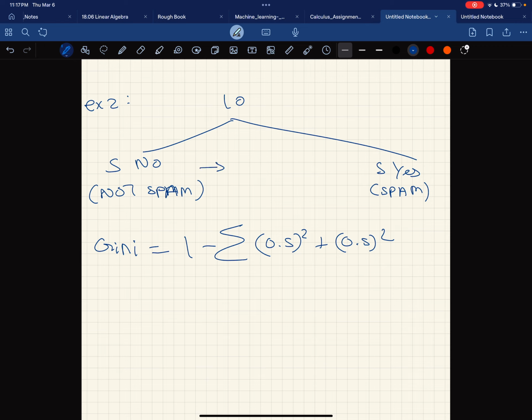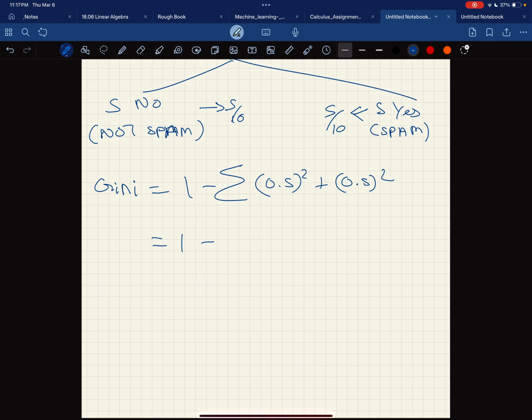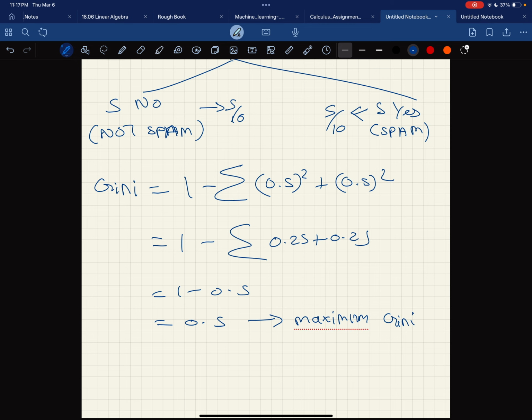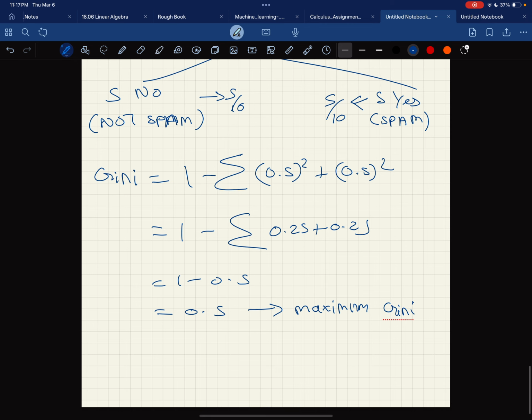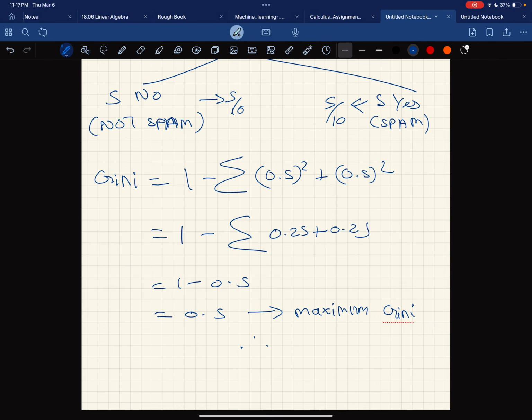Proportion of this class would be 5 by 10, 0.5. Same goes for the other class. So Gini impurity would be 1 minus (0.25 plus 0.25), which gives you 0.5. That is the maximum Gini impurity. Therefore this can be interpreted as not a useful classification.